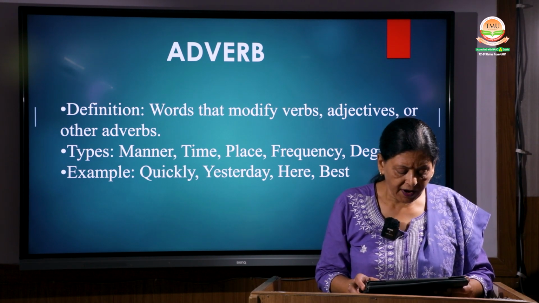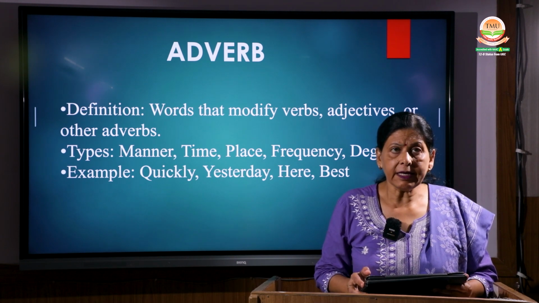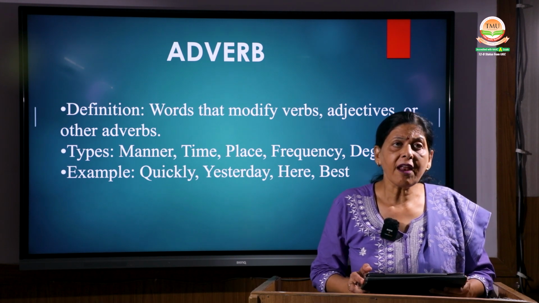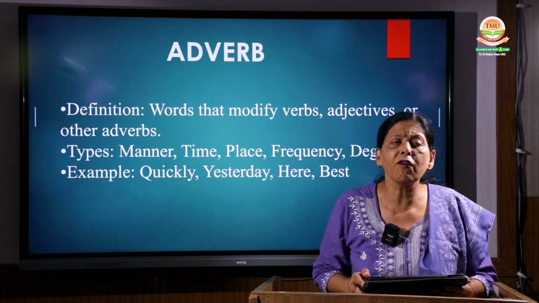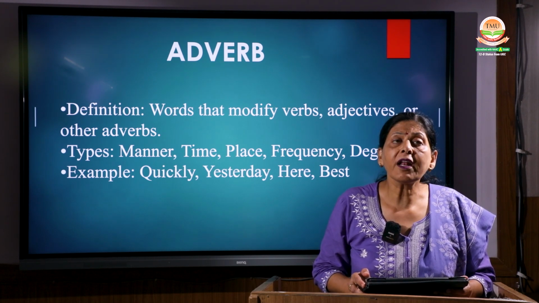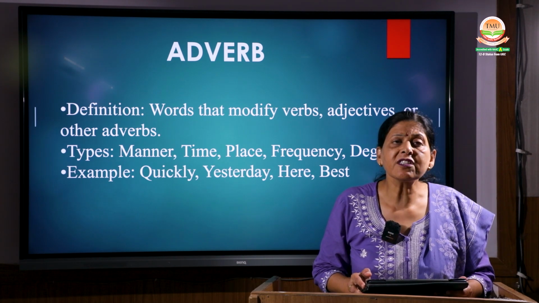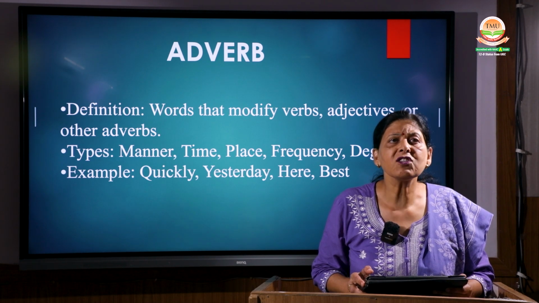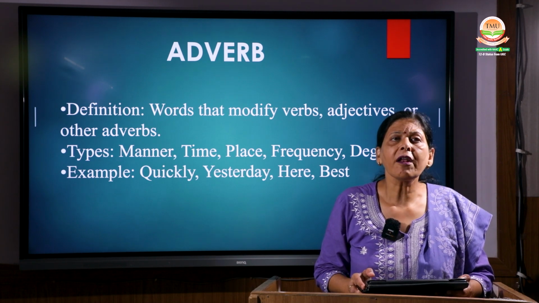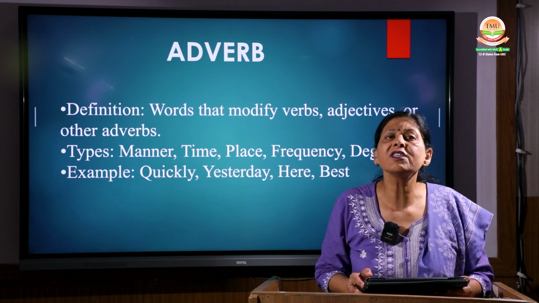The examples of adverbs are quickly, fast. I ran fast. Ran is a verb. Fast is an adverb, meaning how did I run? What is the manner in which the action is being performed? That is called an adverb. I run fast. She works quickly. How does she work? She works quickly.